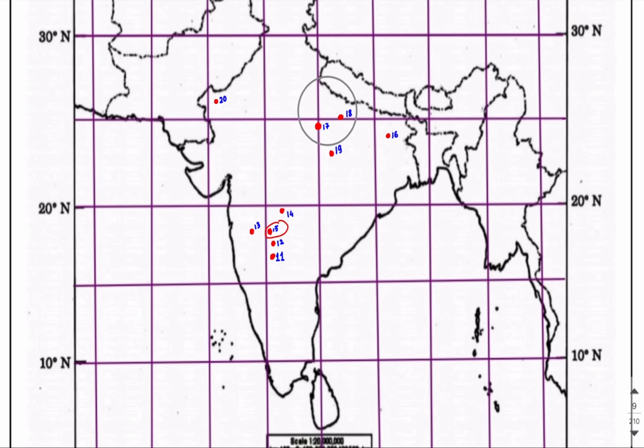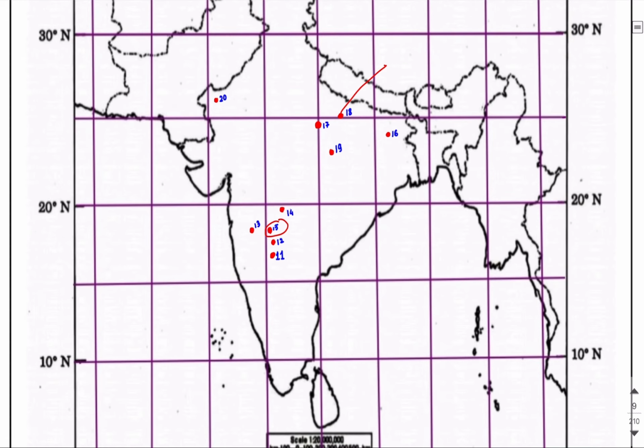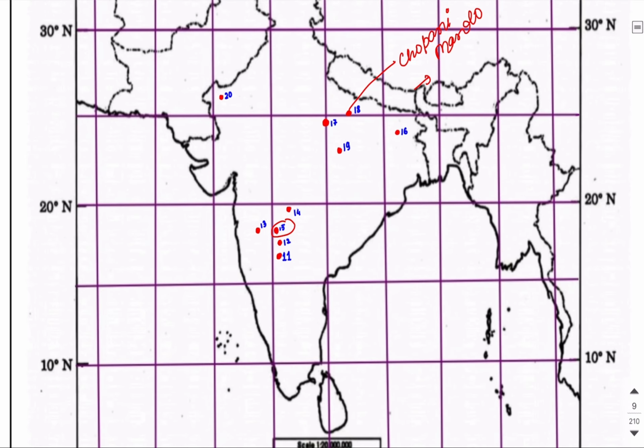And let us move on to the 18th number, which is also present in UP, and it is known as Chopani Mando. This is very prominent. You must know about Chopani Mando. And the district is Allahabad district of UP. So these are the points you really need to focus on.